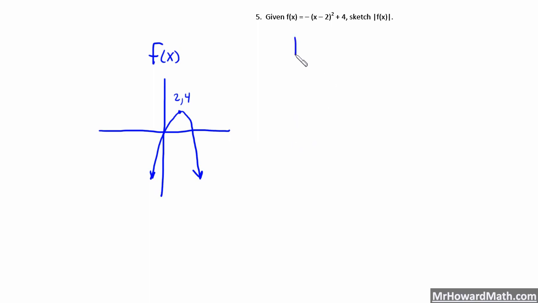So if we sketch the absolute value of f of x here, remember that that rule is all of my negative y values, so all of this right here and this right here, they get reflected over the x-axis. So this stays the same, and the pink part there we're going to flip or reflect over the x-axis.